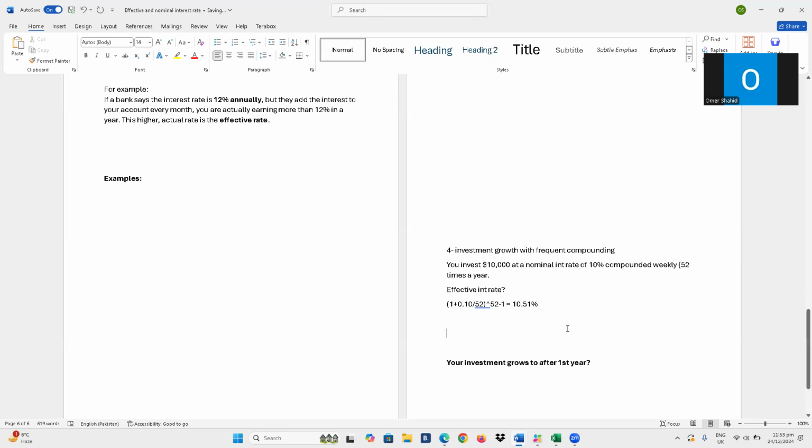Now they are asking how much your investment grows to after the first year. How do we calculate that? Simply 10,000 into 10.51%.